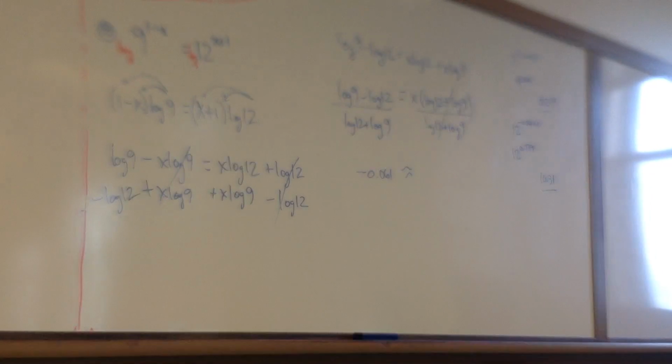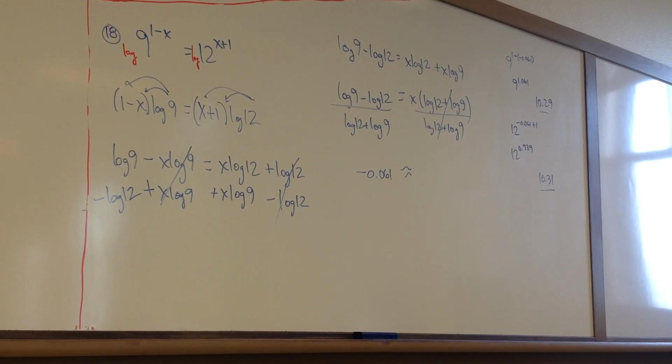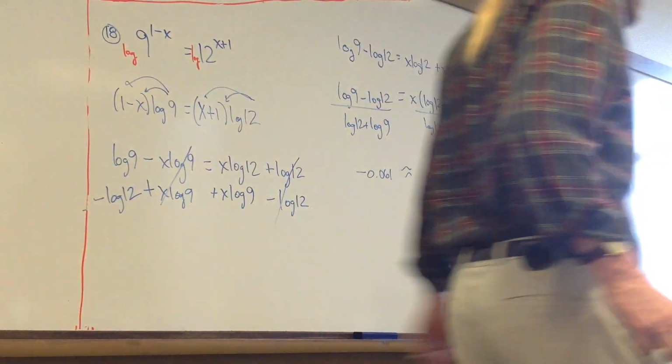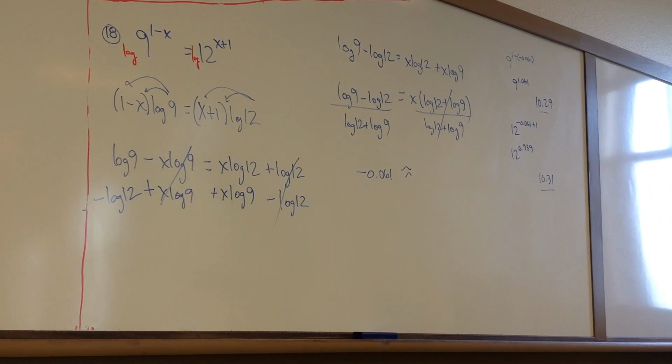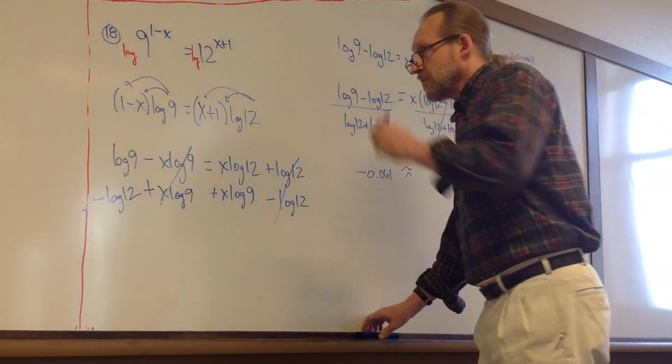Okay. Let's see, let's get the camera to focus. There we go. All right. All right, let's look at one more problem here. I think problem 22 is a good problem here.